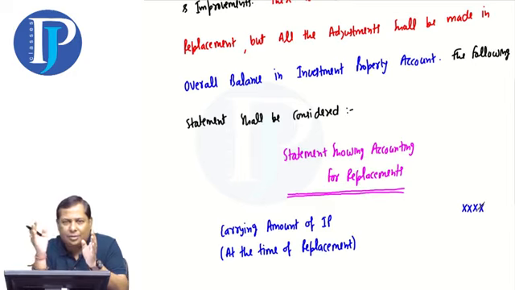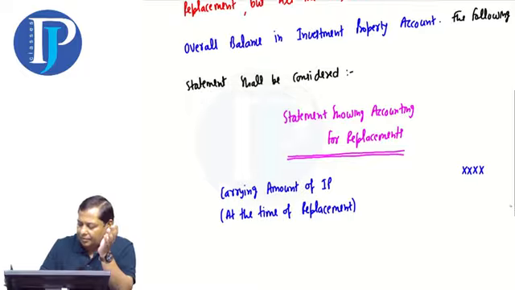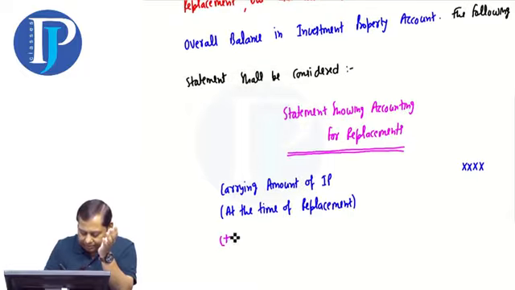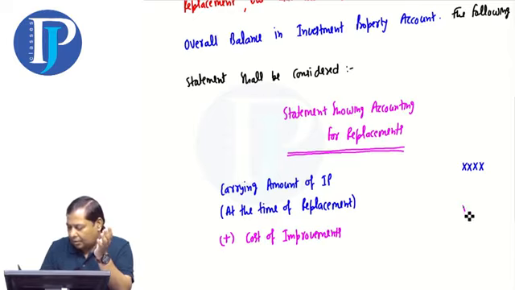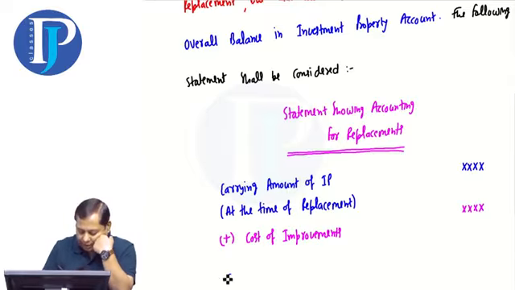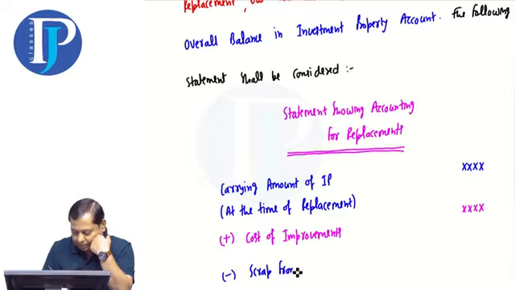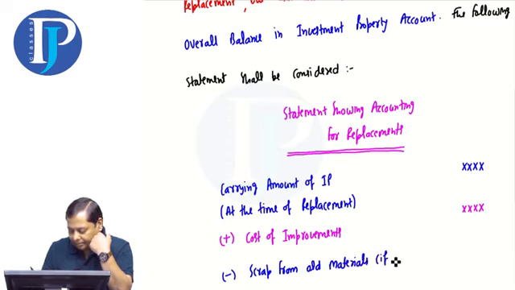We are not creating different columns. We created a single account. We will simply add to it the cost of improvements. We will subtract from this the scrap from old materials, if any.